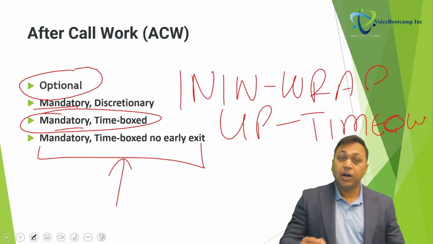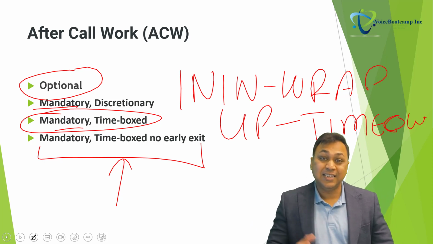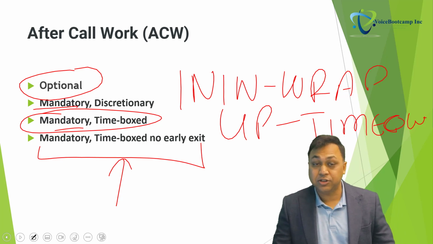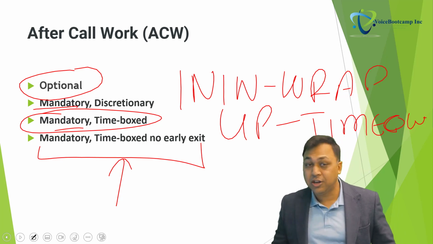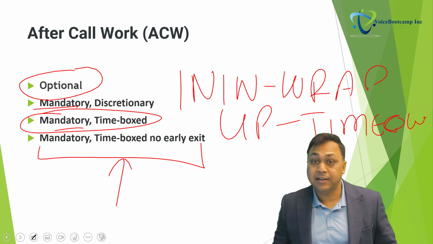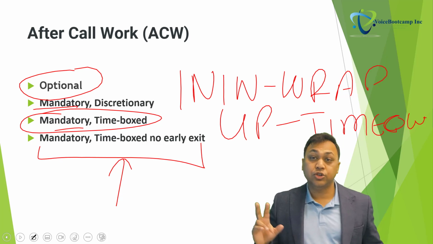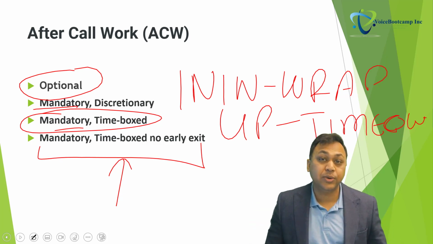So mandatory time box, no early exit, basically dictates that the agent must wait for the entire 20 seconds to complete, even if he or she is not doing anything, before they can answer a call again. This feature is often useful to give an agent a cooldown period between interactions.